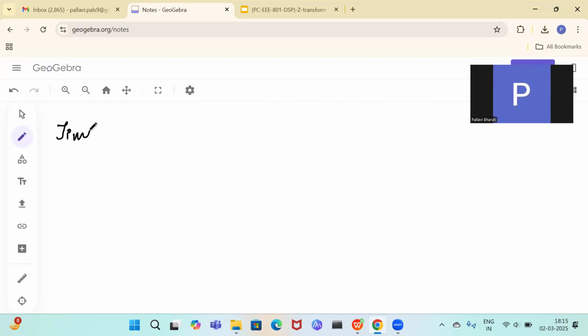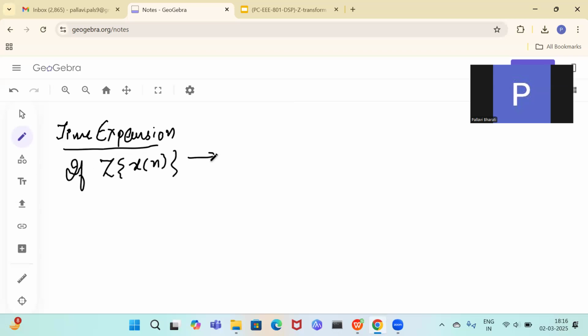So time expansion. Okay, give me a second. If you take this, then it is the time expansion property. So what does it say? That if the Z transform of x of n is X of z, then the Z transform of x of n by k, what will this be?